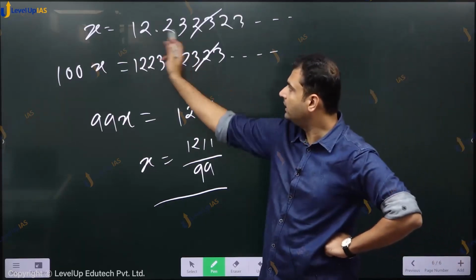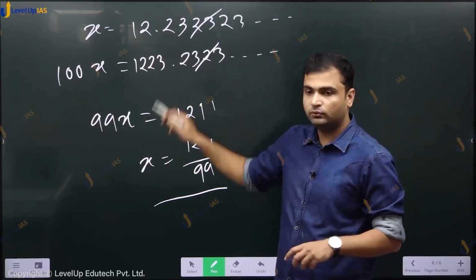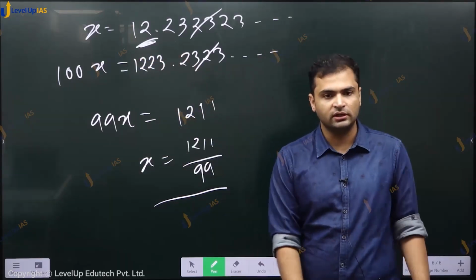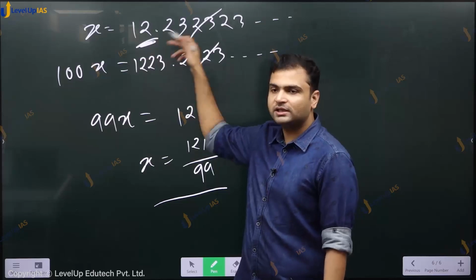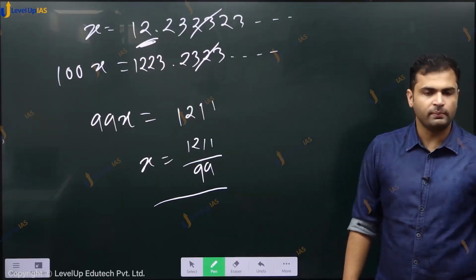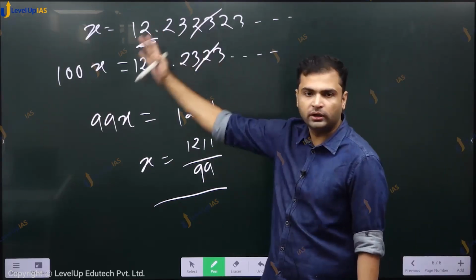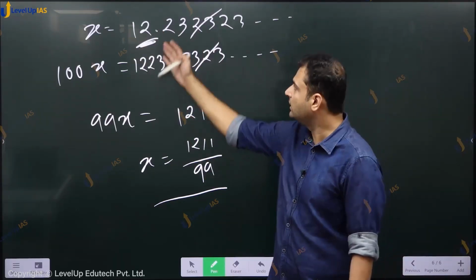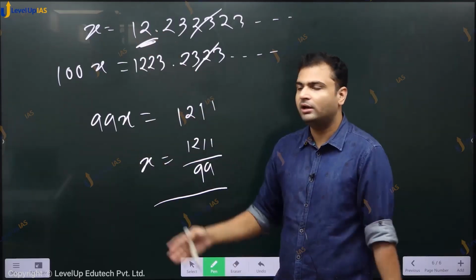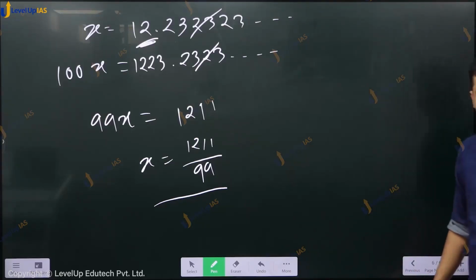So you cannot directly write 1223 divided by 99. Here the working rule would be: if you have a non-zero part in the integer and repetition immediately starts after the decimal point, then you take the whole number disregarding the decimal point, subtract the integral part from it, and then divide by as many nines as the number of digits repeating. समझ रहे हो?